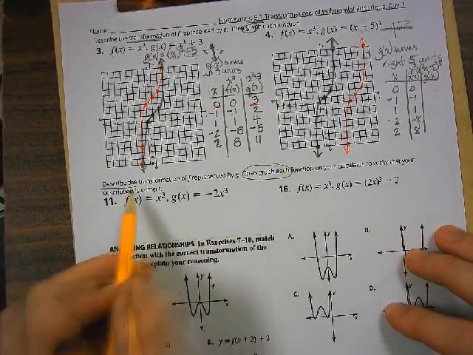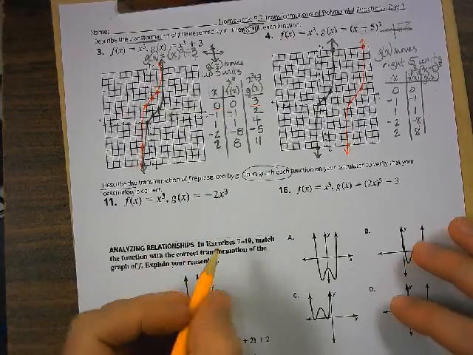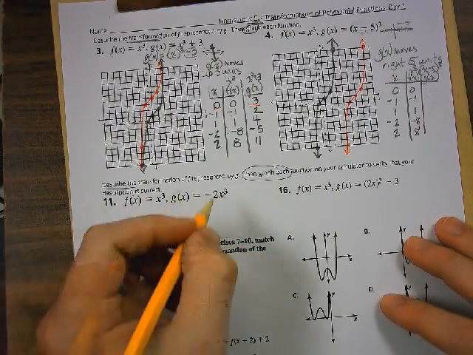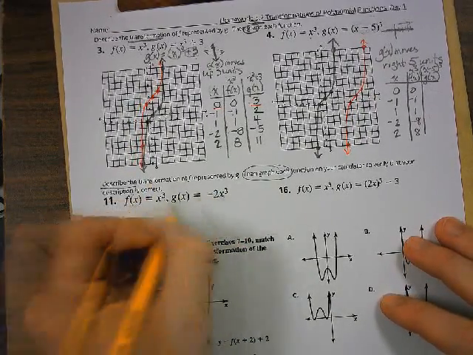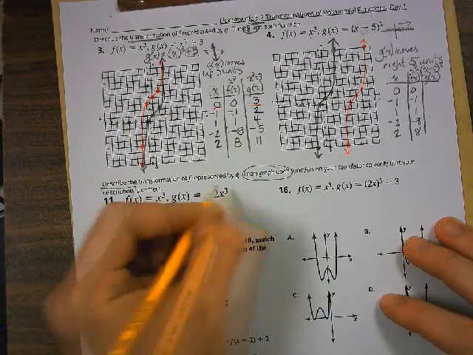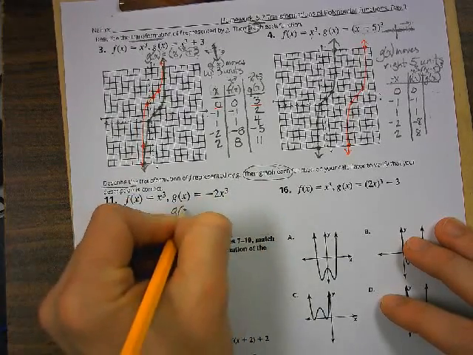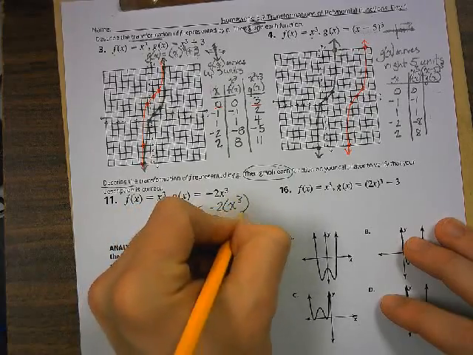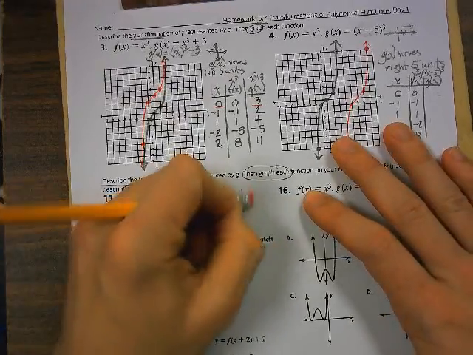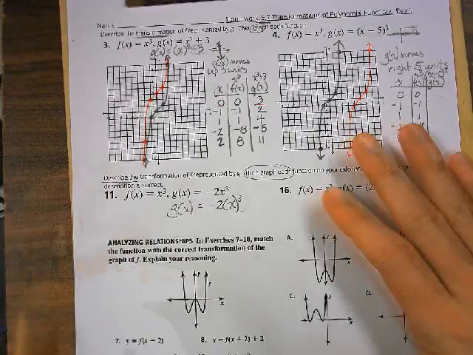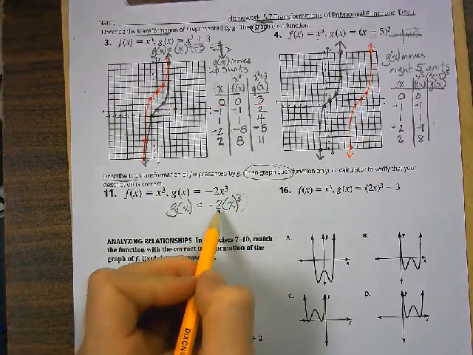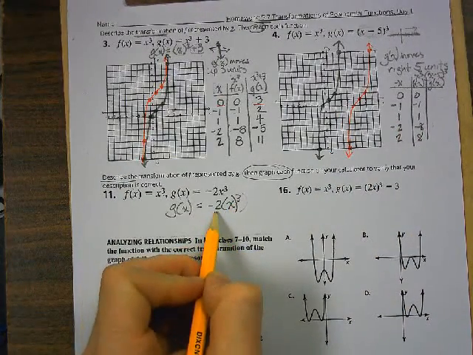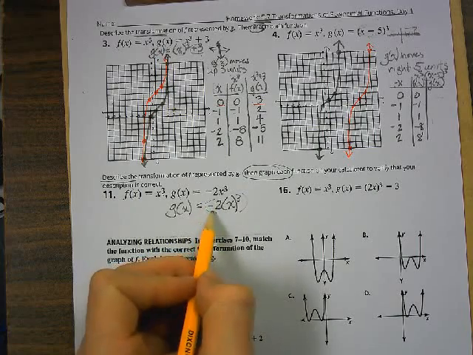Okay. So on this one, you have f of x equals x cubed, g of x equals -2x cubed. So we're going to rewrite g of x, and we're going to put in the grouping like that. So you can see right here, because this -2 is outside of the grouping, we can say that this is not impacting the x, it's impacting the y.